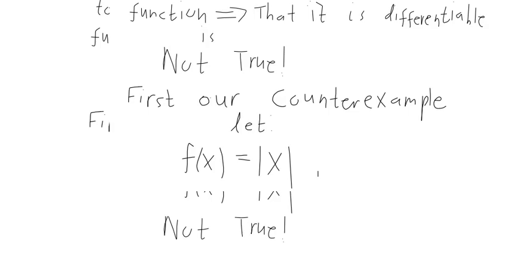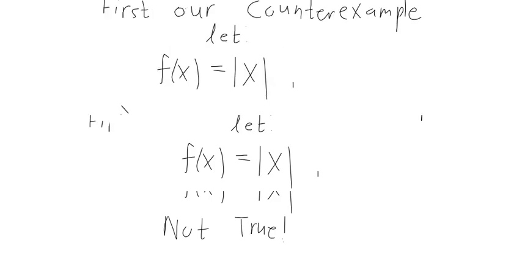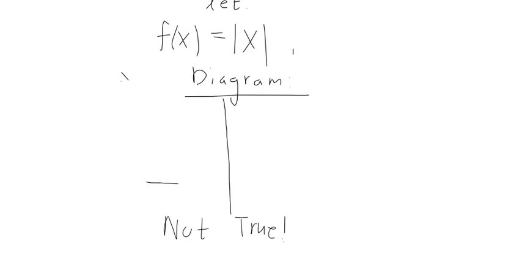Well, first off, if we draw a graph here, I'm going to draw a picture. Okay, so let's do a diagram. If you look at the diagram, I have here an xy plane.